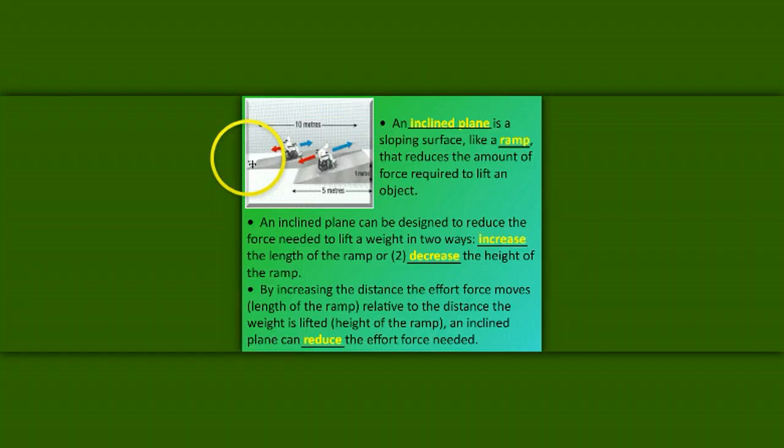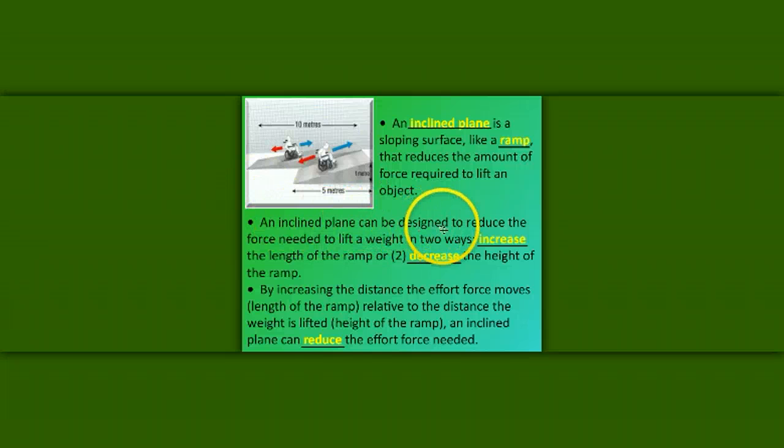But if you just stretch out that ramp a little bit further and make it double the size, he was able to speed up there quite easily. It's 10 meters long. They're both still 1 meter high, but when you stretch it out further across more of a distance, it allows the work to be done with less force.